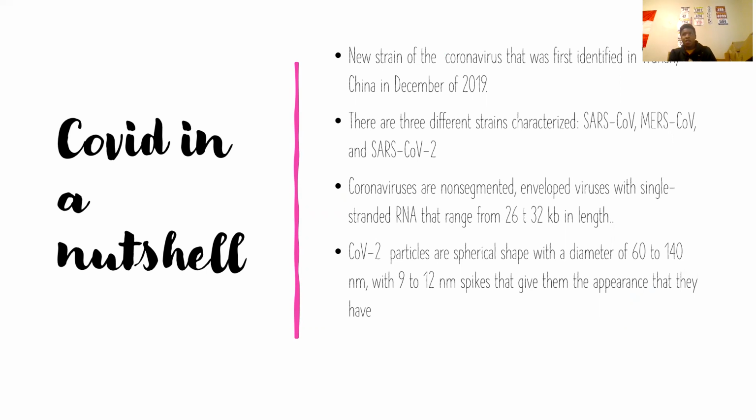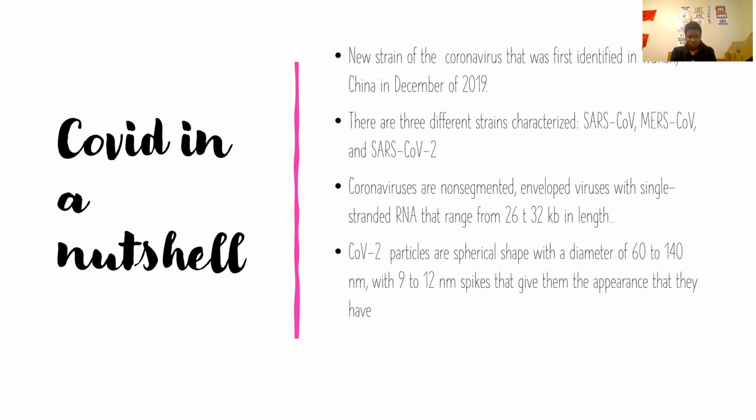It got its way to California and so on until it became the global pandemic that we are currently in. So there are three different strands of COVID. There's the SARS-CoV, the MERS-CoV, and then the SARS-CoV-2.